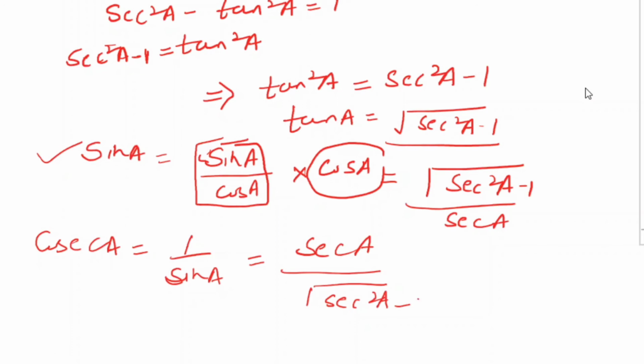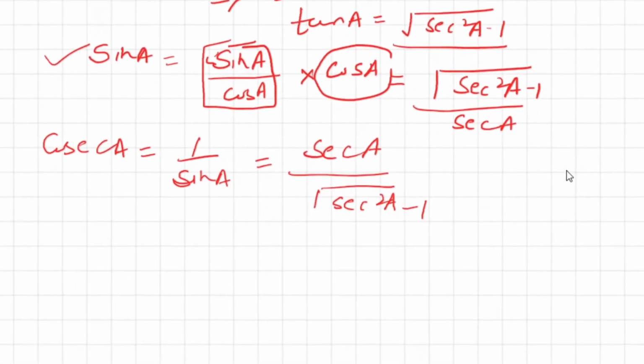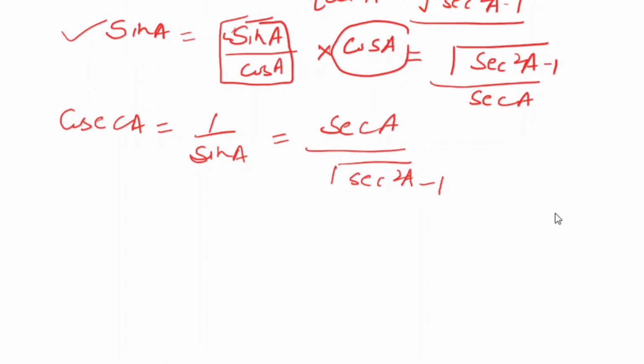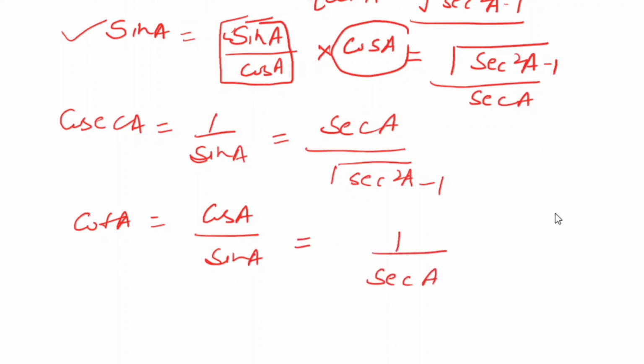Now what is the next term? Cot A. Now there is a relationship between cosecant A and cot A. We'll use that, or we can use this also. What is cot A? Cot A can be written as cos A upon sin A. Fine. Cos A is 1 upon sec A. Or better, there is a much better way of writing: cot A is the reciprocal of tan A. They all are integrated.